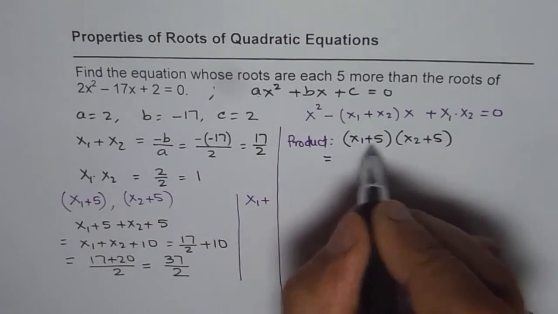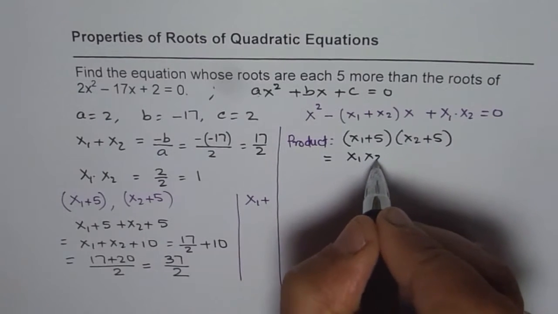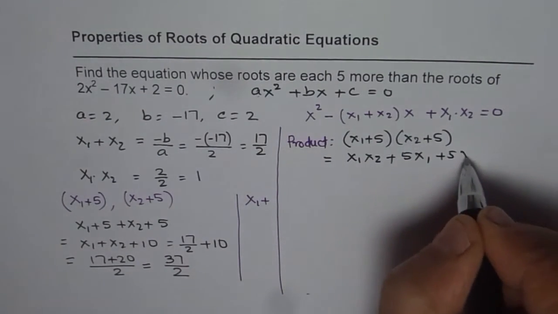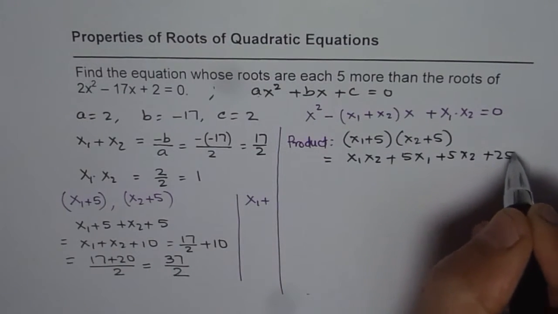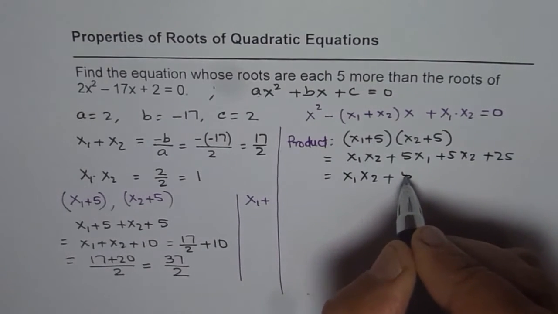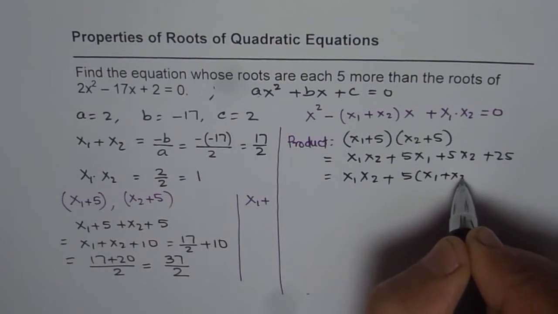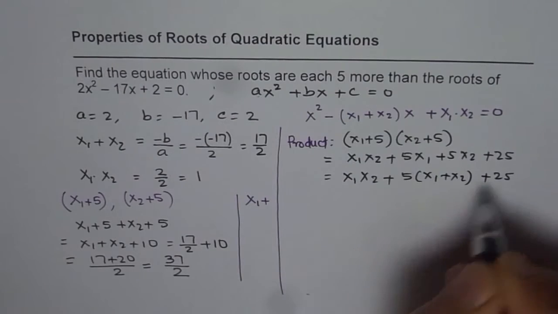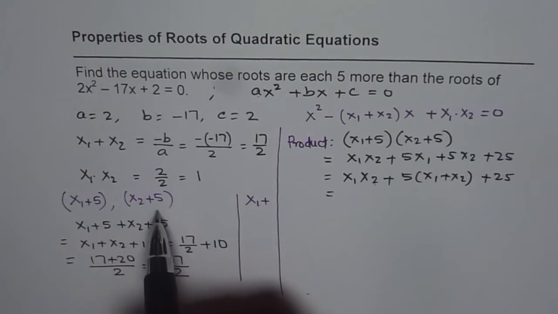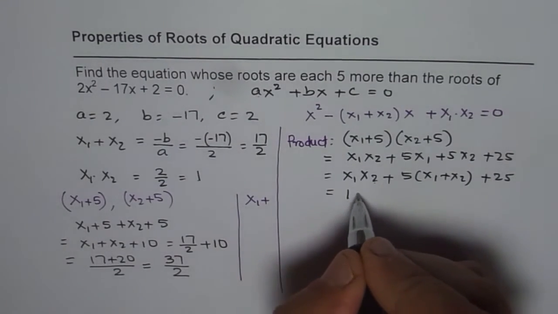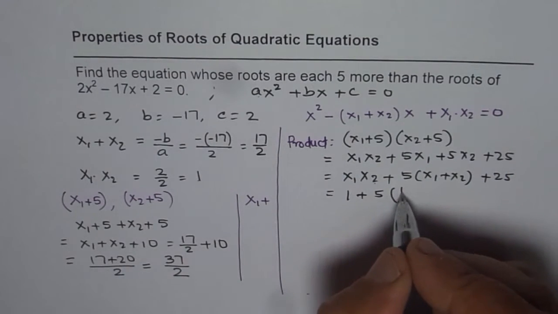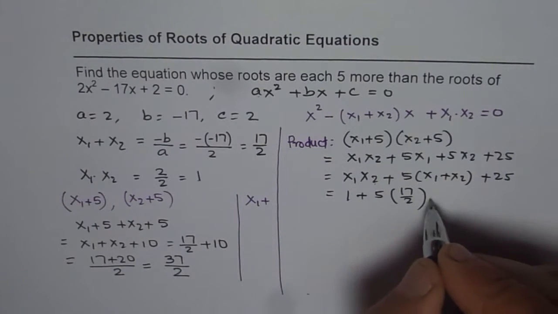That is equal to x1 x2 plus 5x1 plus 5x2 plus 25, and that gives us x1 x2 plus 5 times x1 plus x2 plus 25. Now x1 x2 is known to us, which is the product of these two roots, 1. So this is 1 plus 5 times x1 plus x2, which is the fraction 17 over 2, plus 25, right?